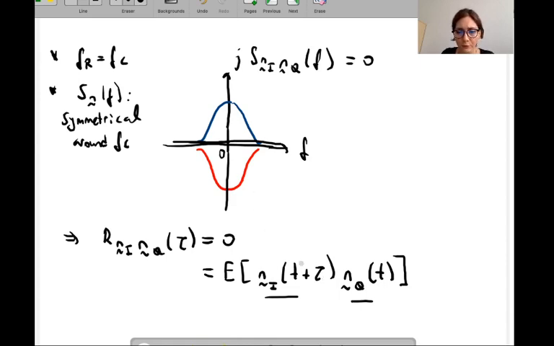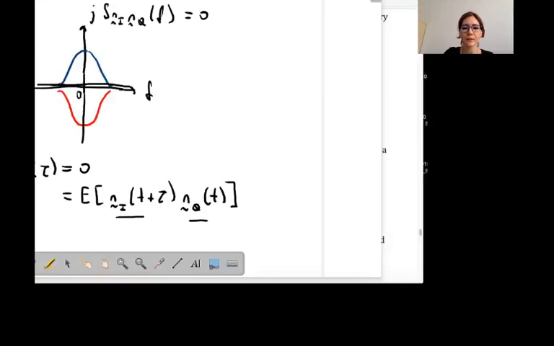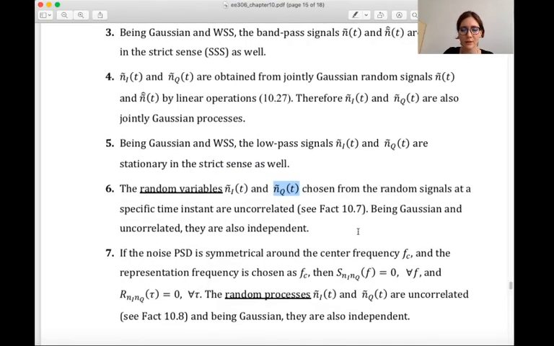But then you have two random variables that are uncorrelated. We know that these random variables are also Gaussian because we assume that these processes are Gaussian processes, from which we get that these two random processes are independent random processes. But again, to be able to do that, we need the assumption that the PSD is symmetrical around the center frequency Fc.